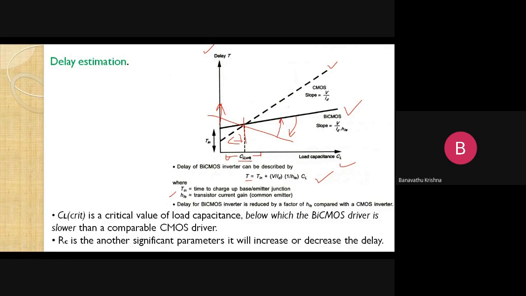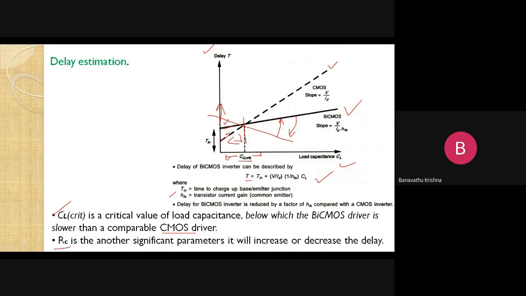So this is the critical value of the load capacitance. CL is the critical value below which the BiCMOS inverter driver is slower than the comparable CMOS inverter driver. This is the CMOS inverter response, and this is the bipolar response. Below this critical value, the CMOS response is much better compared to the BiCMOS inverter, right?